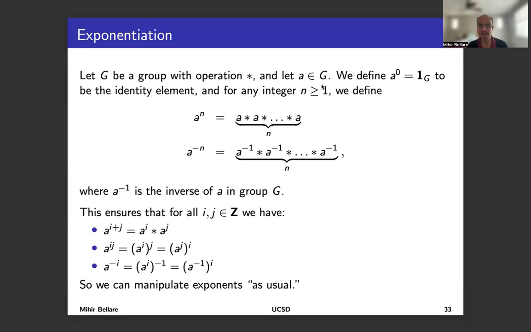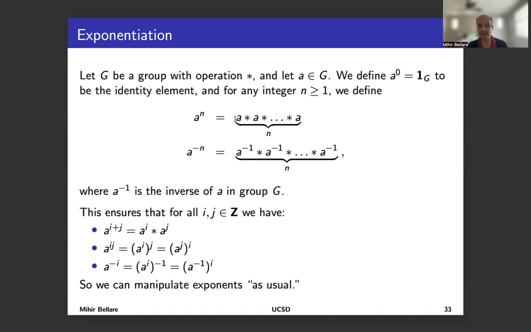I also have an integer n, and I want to define what it means to raise a to that power. So I define a to the power 0 to be the group identity element. And if n is a non-negative integer, I define a to the power n in the obvious way. You just operate on a n times where the operation is the group operation.